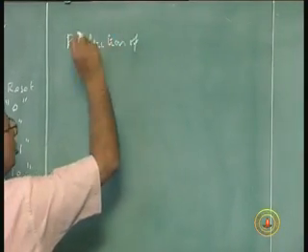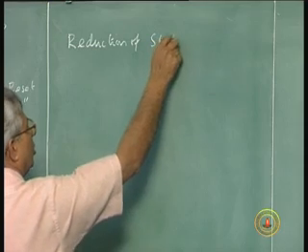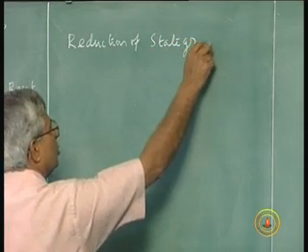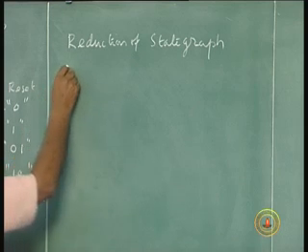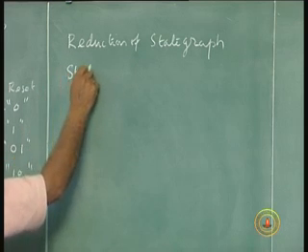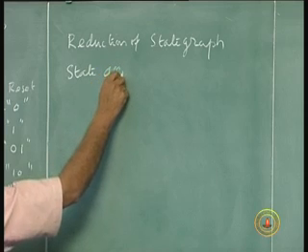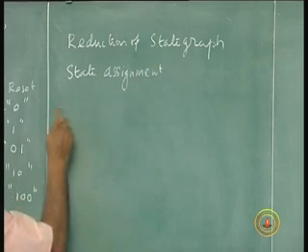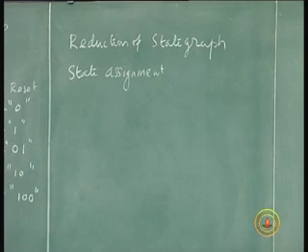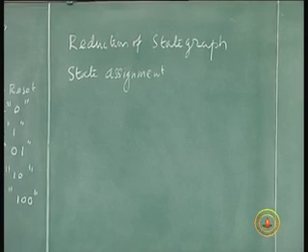These are steps we need to do, which I said I am skipping at this point in time. Second is the state assignment. State assignment is a process of mapping or assigning binary values to the states.